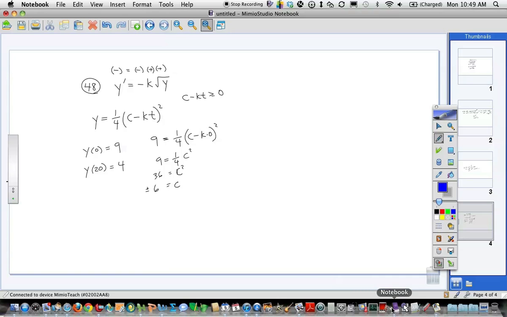In other words, the tank's draining rather than filling is really what that means. Well, that means C's got to be greater than or equal to KT. Now remember, we already said K was positive and T is positive. In this problem, it's time, and they told us we're only going to deal with positive time values. So since this side's positive and C's got to be greater than that, then C's got to be positive. Okay, so that's how we know we don't need the negative there.